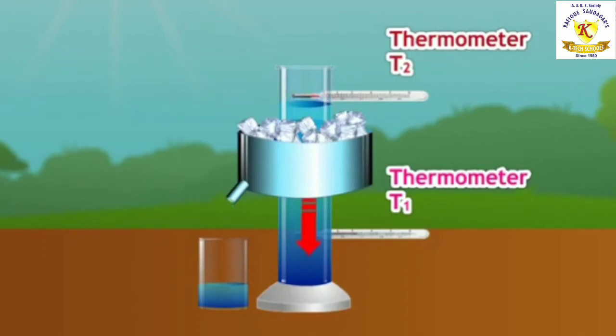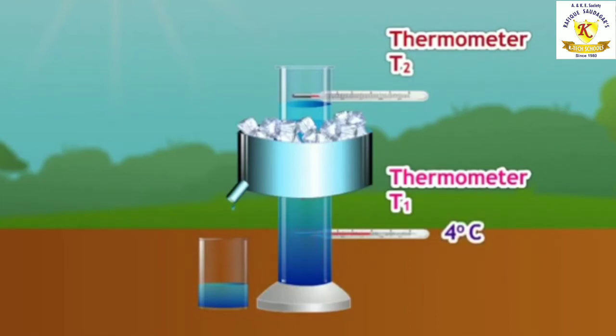The water with the higher density moves downwards. Therefore, the lower thermometer T1 shows a rapid fall in temperature. And this continues till the temperature of water becomes equal to 4 degrees Celsius.